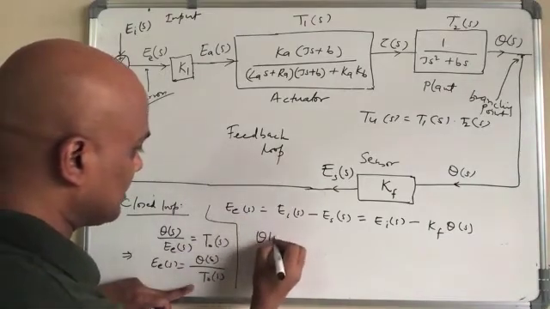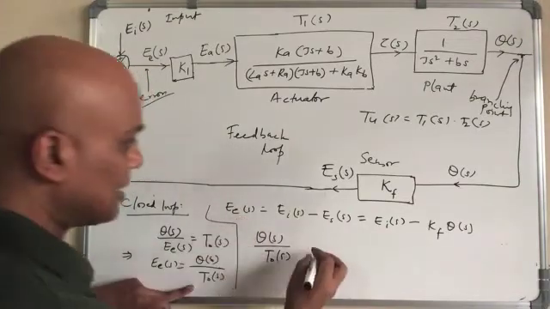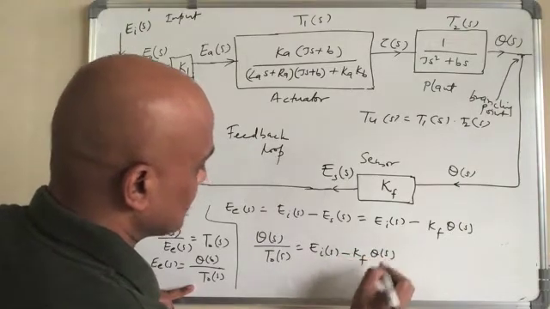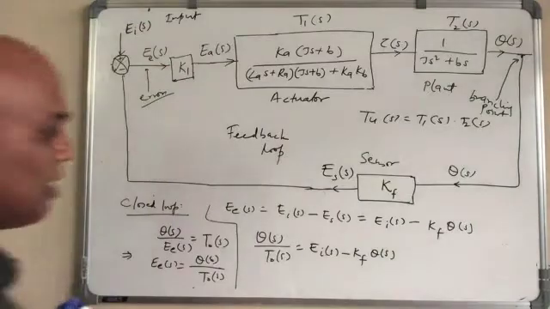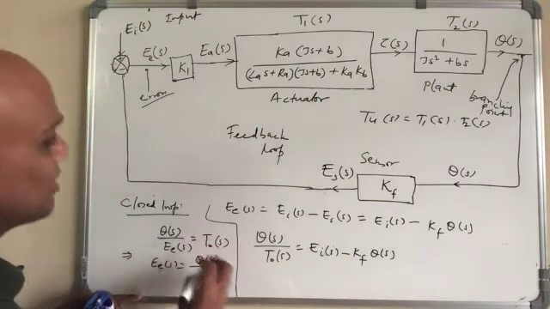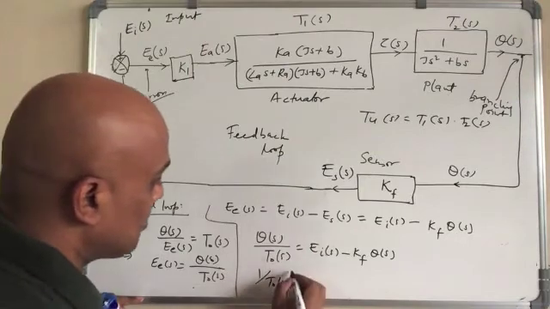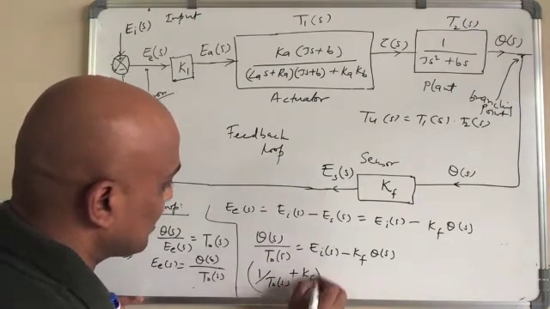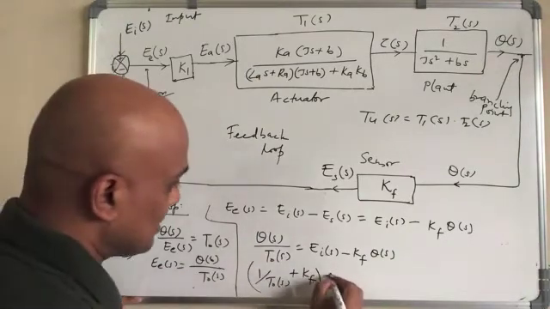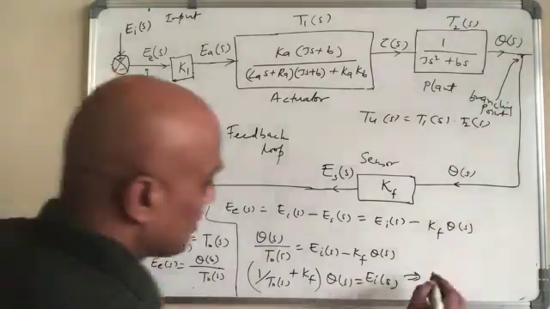We get theta S over T naught S is equal to EIS minus KF theta S. Now we bring it here, and then what do we get? 1 over T naught S plus Kf, theta S will be EIS.